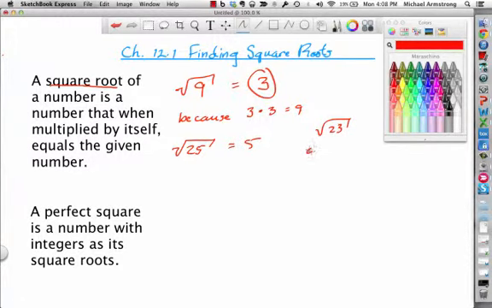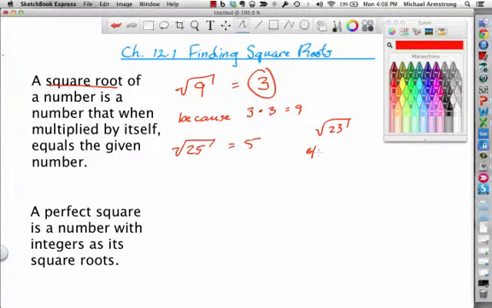We know that 4 squared is equal to 16, and 5 squared is equal to 25. So it's somewhere between 4 and 5, because 23 is bigger than 16 and smaller than 25. And you could see from that it's 4.795, so it's closer to 5, and that makes sense.